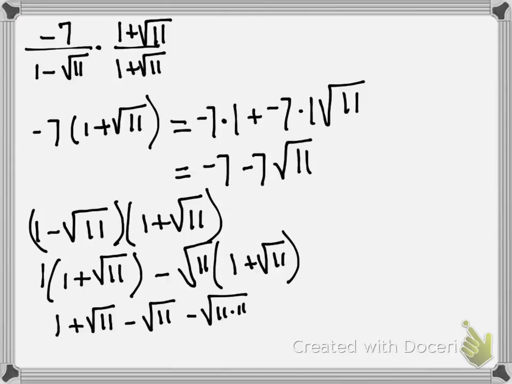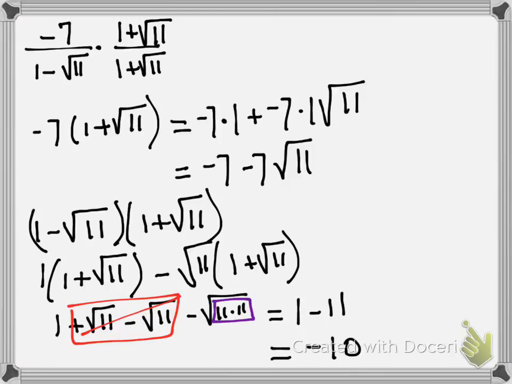If you look at the middle two terms, they cancel out. They're exactly the same thing with different signs. And the last one has a group of 2 of 11. So it becomes 1 minus 11. As a result, the bottom becomes negative 10.